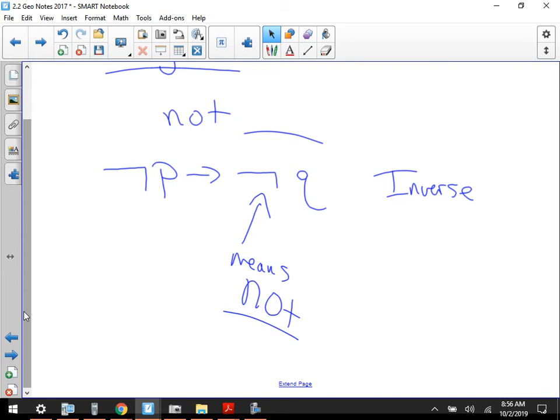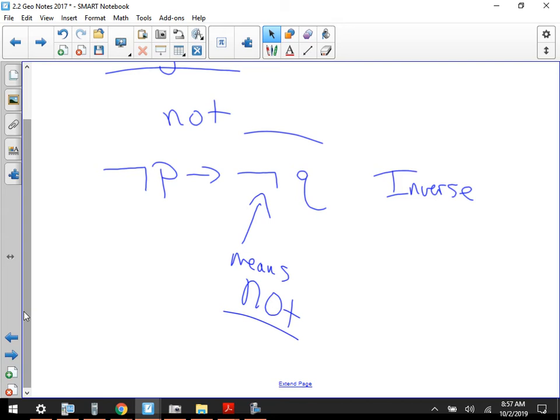So if I'm looking at how our first statement was, if lines are perpendicular, and I know this is a lot of writing, I apologize for that. Once we get through this first day, it works out pretty quickly. If I go back to my original statement, not P implies not Q. Well, how do I negate if lines are perpendicular? Where would I put the word not? If lines are not perpendicular. It's quite literally that.